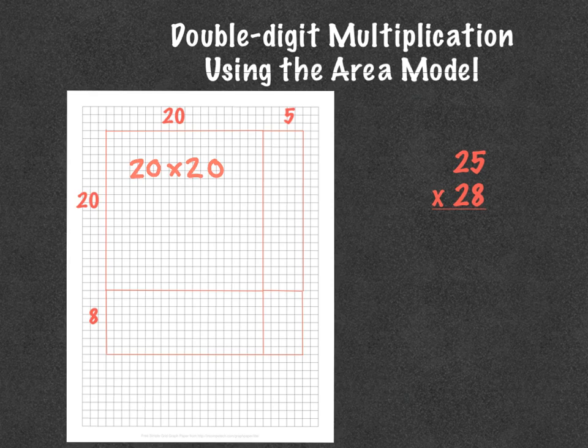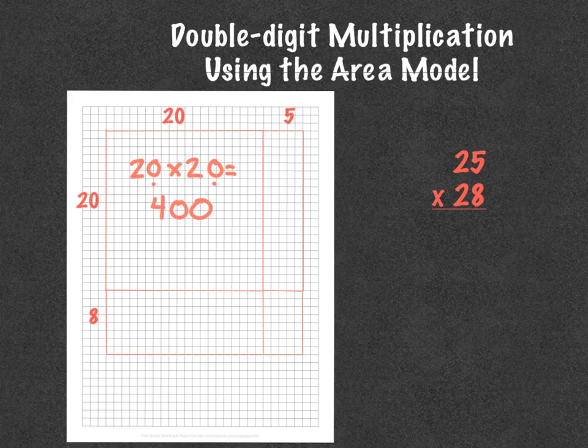So we're going to look at this section from here all the way around to here. So this is 20 times 20, okay? That's going to equal 2 times 2 is 4, and we have 2 zeros, so 400, okay?